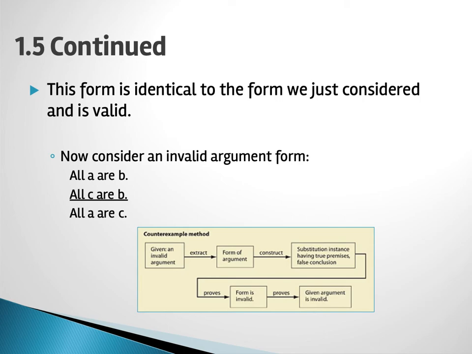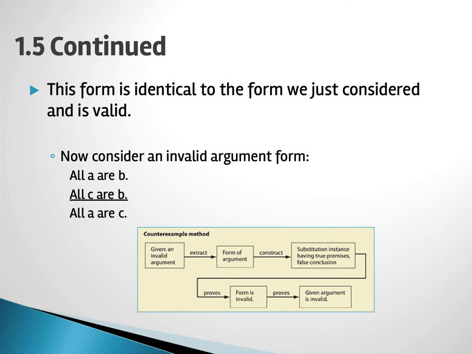Three, all dogs are cats. That's false. That is a good example of a substitution instance in which the premises both are true and the conclusion is false. I have demonstrated through that counterexample that this argument form is invalid.